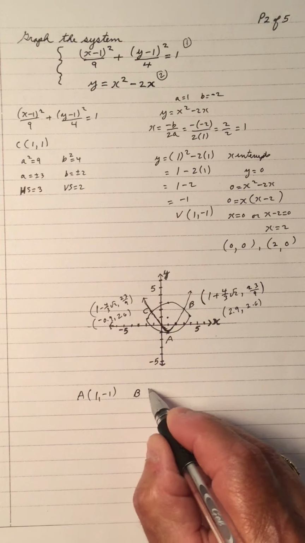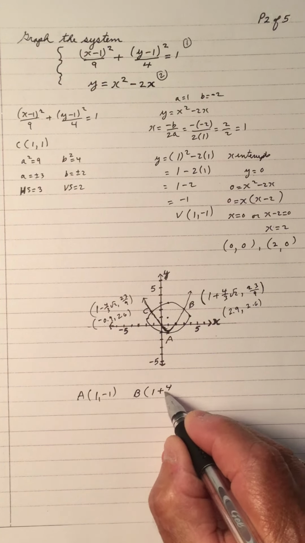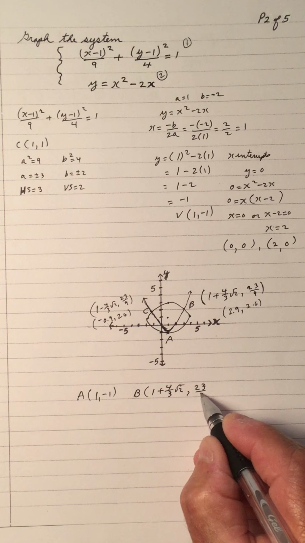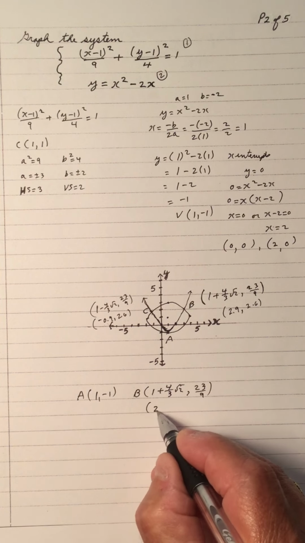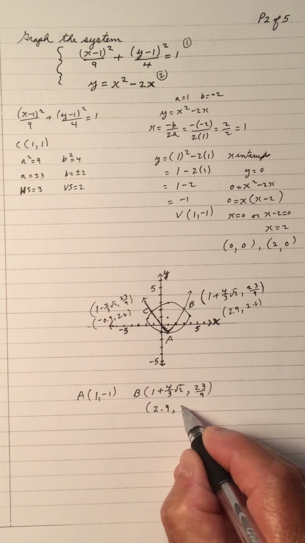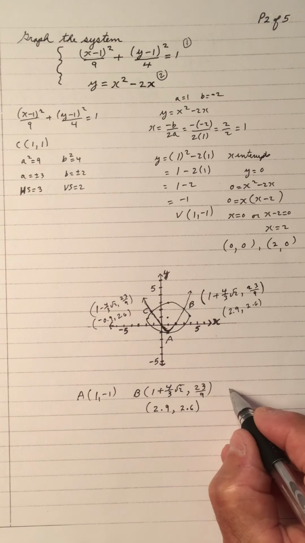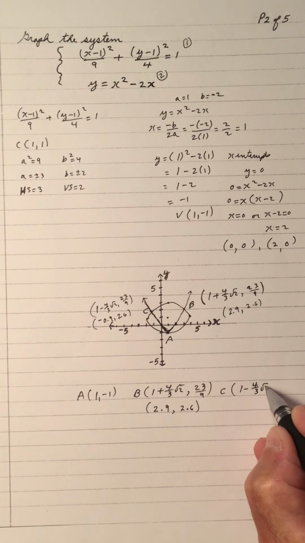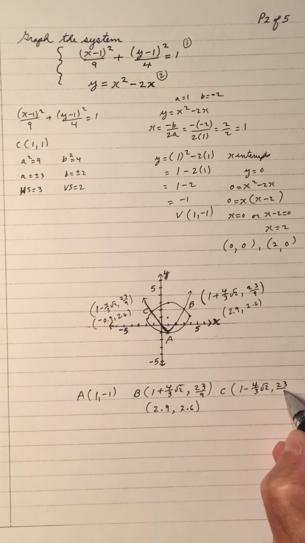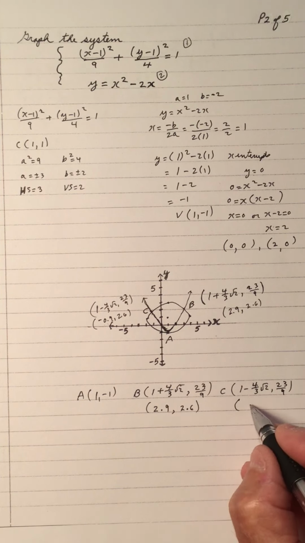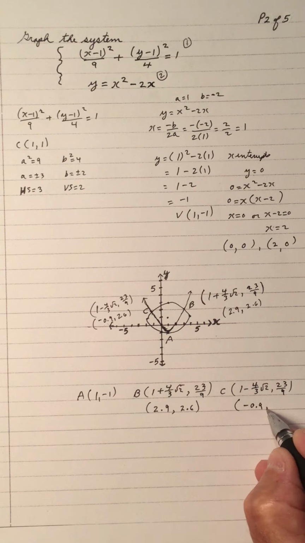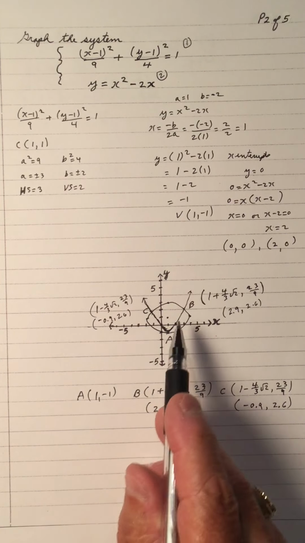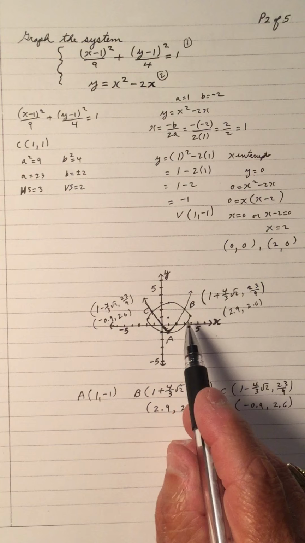B was 1 plus 4 over 3 root 2 and 23 over 9, and that became approximately 2.9 and 2.6, and C came to be 1 minus 4 over 3 root 2, 23 over 9, and that's approximately negative 0.9 and 2.6. So that's the 3 points where the parabola intersects this ellipse.